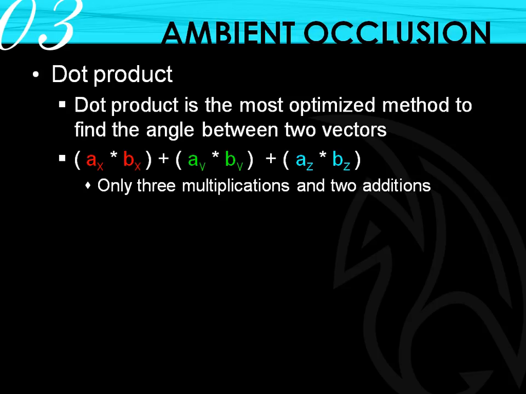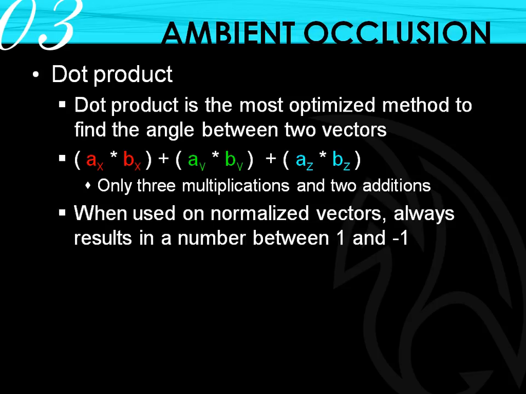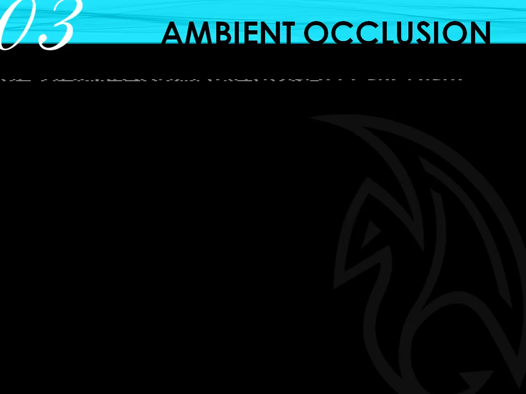And in the grand scheme of things, in terms of real-time graphics, that's a very, very few calculations. So when it's used on normalized vectors, it always results in a number between 1 and -1. So if you give it 2 vectors and you pass them through this formula, the result is going to be between those 2 numbers.